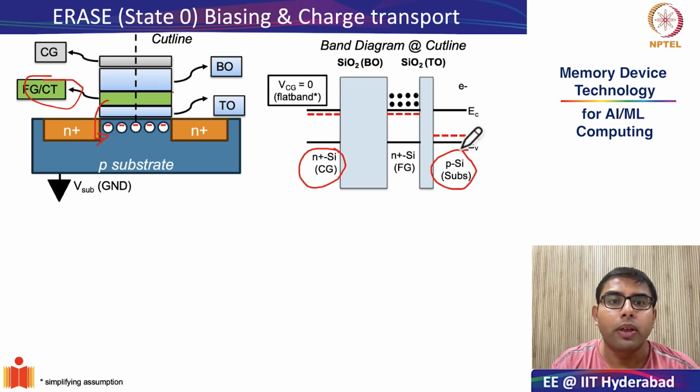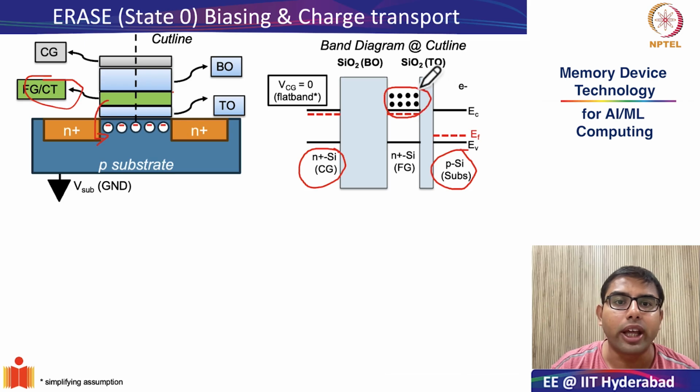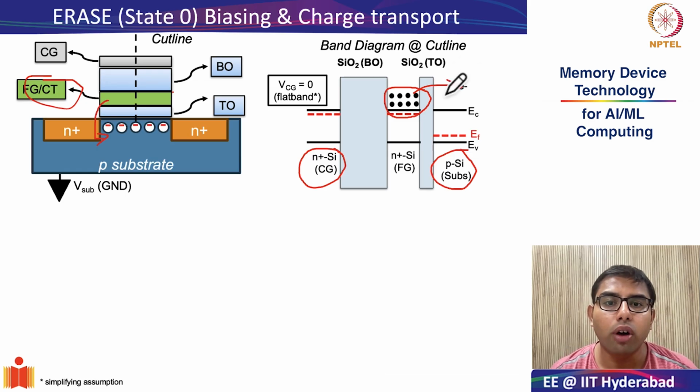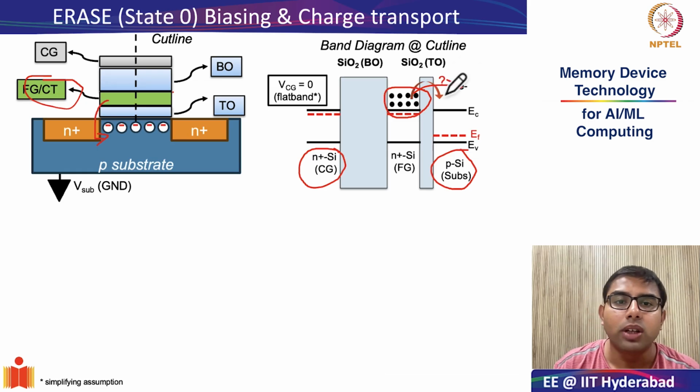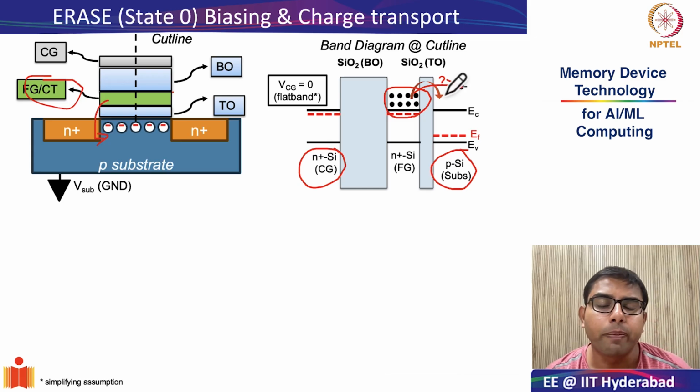In this case, there are already electrons stored at the floating gate. During the erase operation, the idea is to flush out these electrons from the floating gate into the channel, as this particular schematic shows. The question is, what should be the biasing technique in order to facilitate this transition?